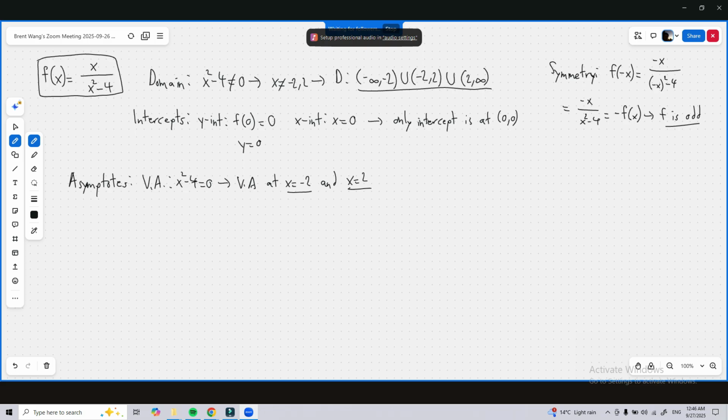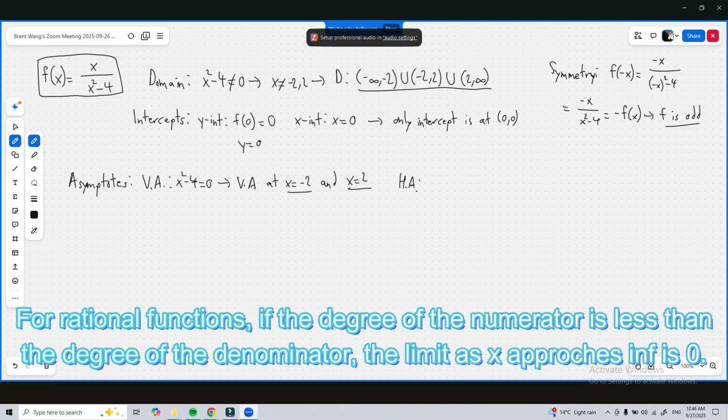These are our two vertical asymptotes. Horizontal asymptotes are when x approaches negative and positive infinity. The limit as x goes to negative infinity of x over x squared minus 4 equals the limit as x goes to infinity of x over x squared minus 4, which equals 0.